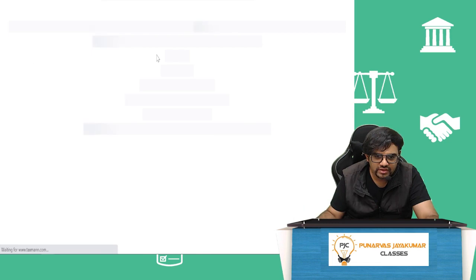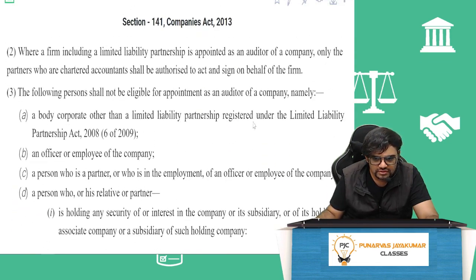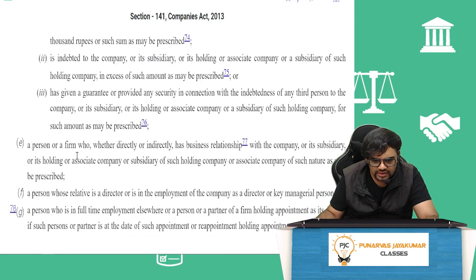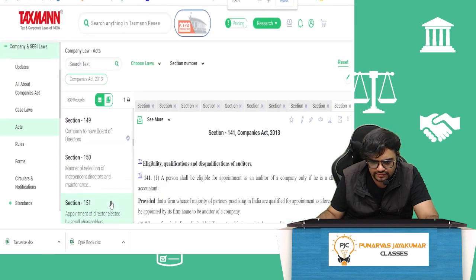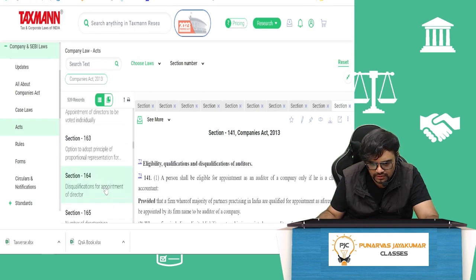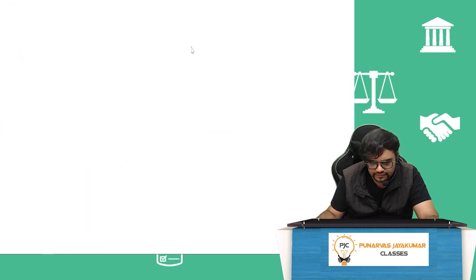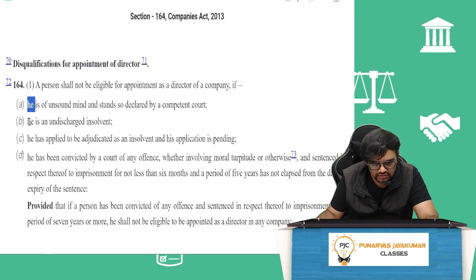So for example, in auditors, here if you see, namely, auditor of the company, a person and all is there. And now it says a person. Then if I see my director, see, he is of unsound mind, he has applied, he has been convicted.